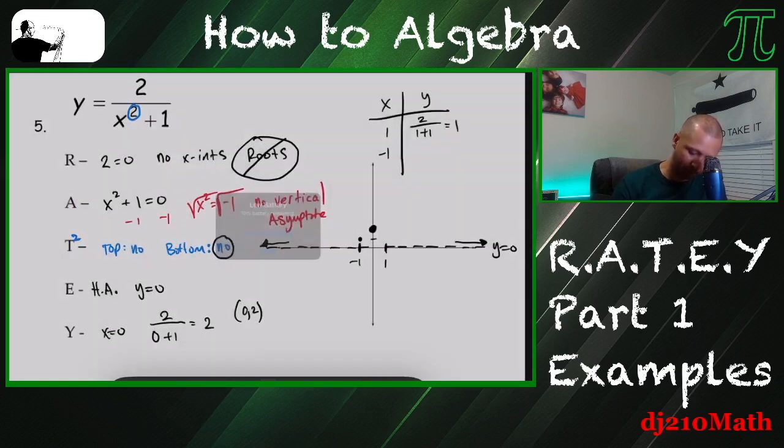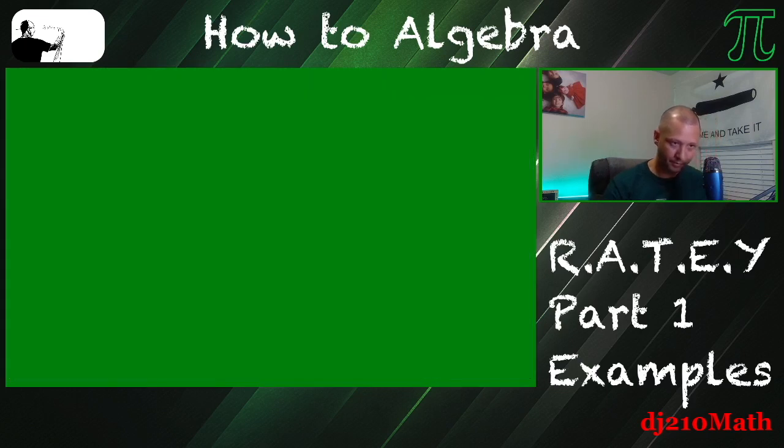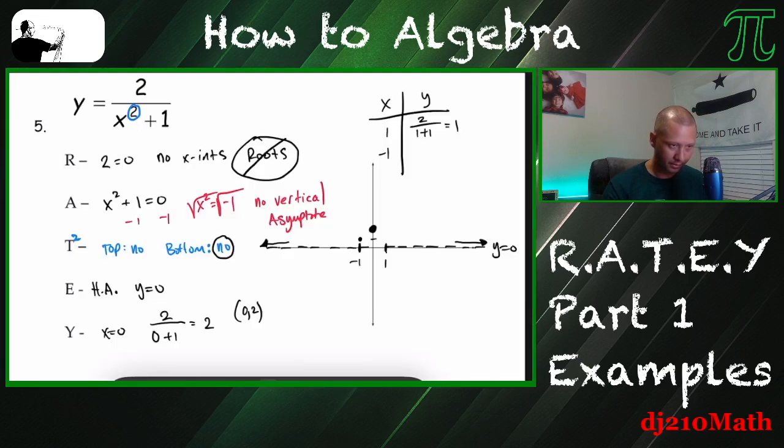If we plug in -1, at x equals -1, -1 squared is +1, plus 1.